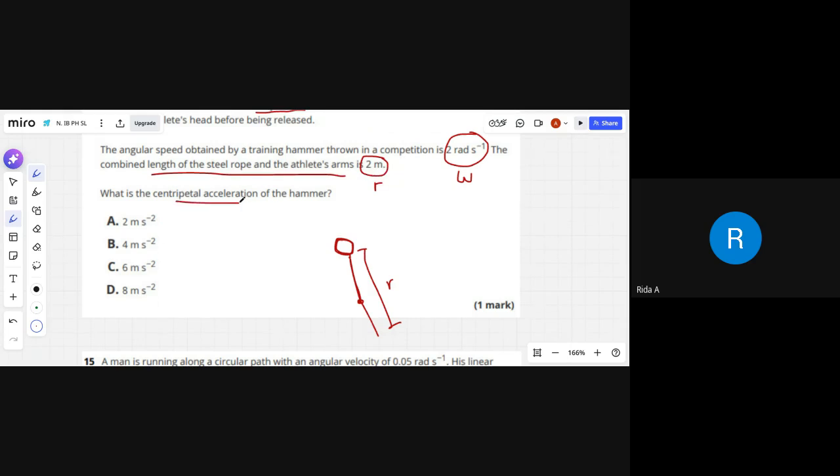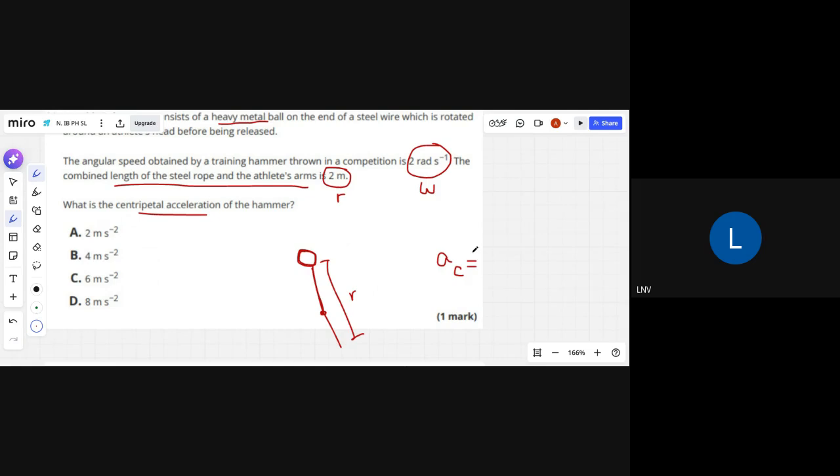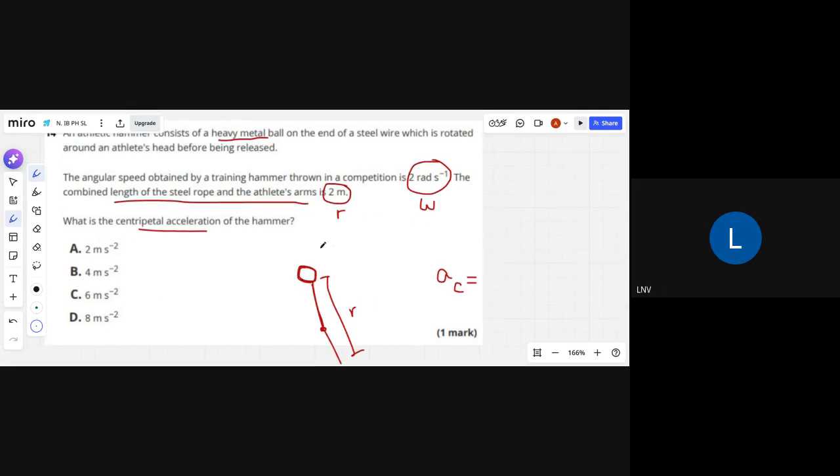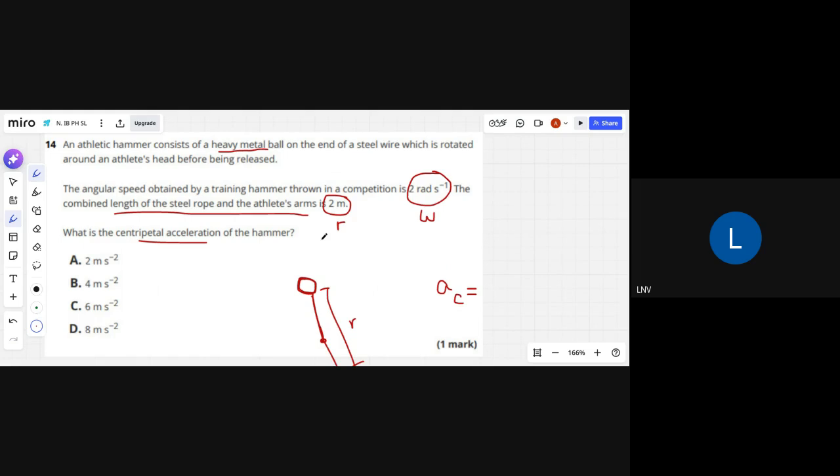What's the centripetal acceleration? So we know the acceleration is v squared over r, and v squared equals r times omega.